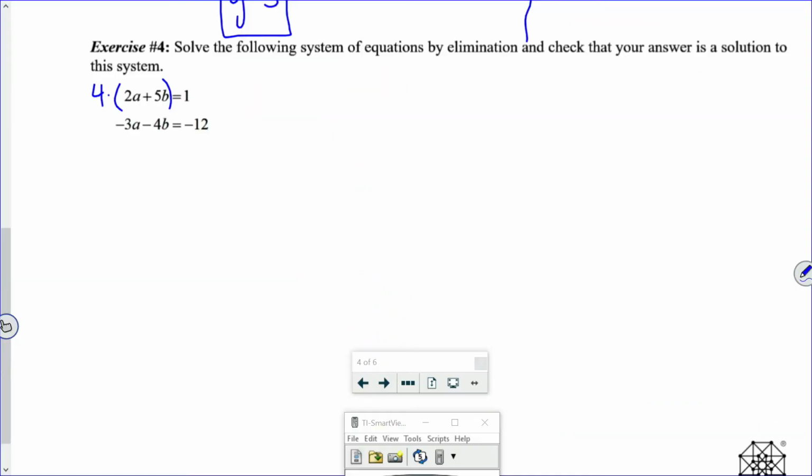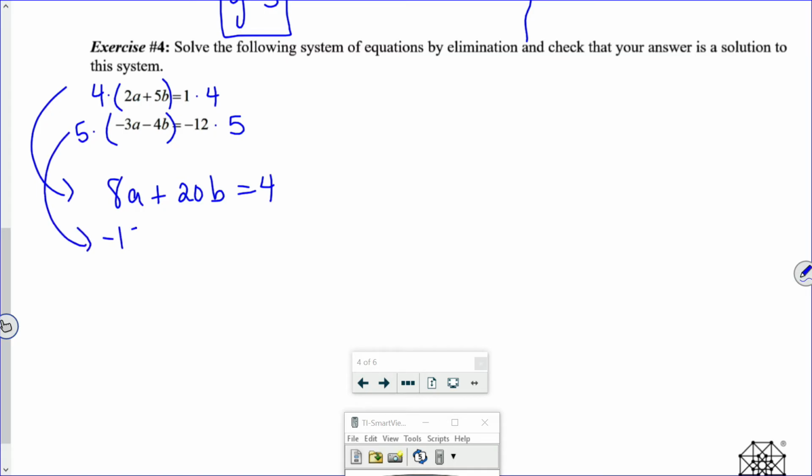So, let's do it. I'm going to do 4 here, 4 here, 5 here, 5 here. My first equation then becomes 8a plus 20b is equal to 4. My second equation becomes negative 15a minus 20b is equal to negative 60.